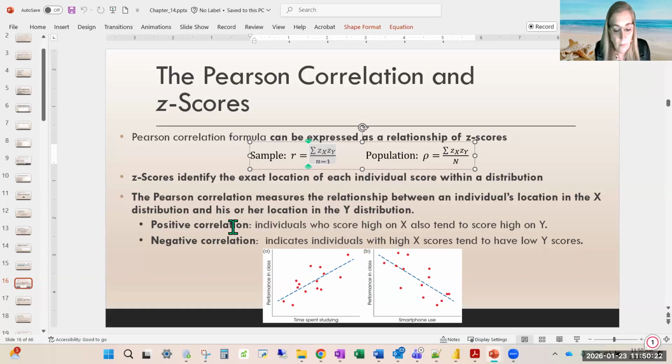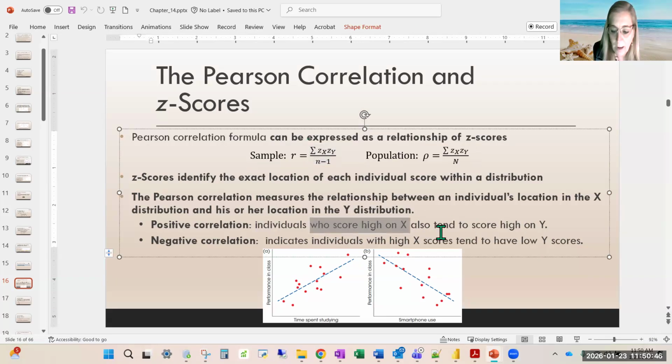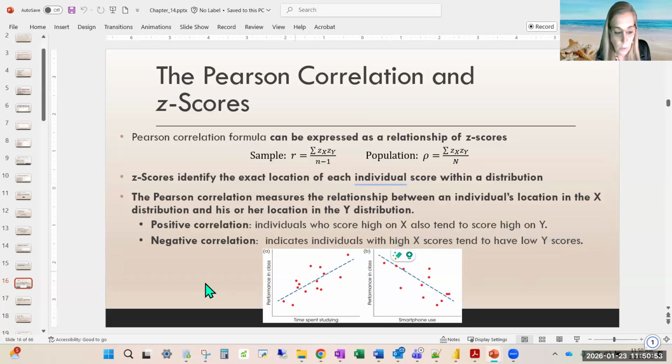So when you have a positive correlation, individuals who score high on X also tend to score high on Y. The flip side of that is if you have a negative correlation, it means that individuals with high X scores tend to have low Y scores. So remember, for a positive correlation, both scores are going in the same direction. They're both rising. When you have a negative correlation, scores are going in different directions. One's going high, one's going low.